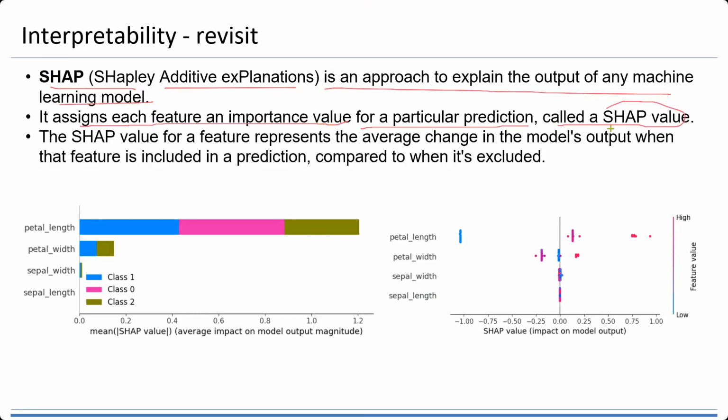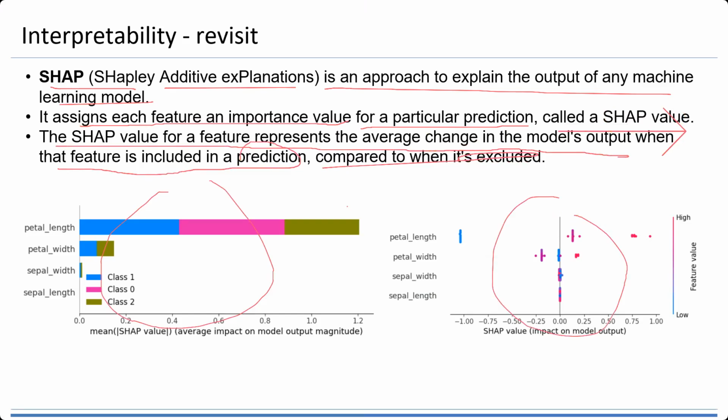That is the SHAP value. And the SHAP value for a feature represents the average change in the model's output when the feature is included in the prediction compared to when it is excluded. Okay. With the classification, you can see later with this kind of figures.